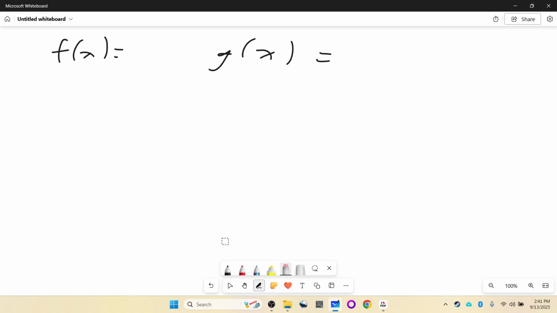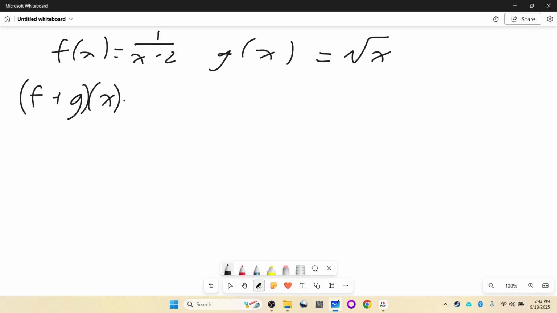F of x is 1 over x minus 2. G of x is square root of x. So f plus g of x is 1 over x minus 2 plus square root of x.